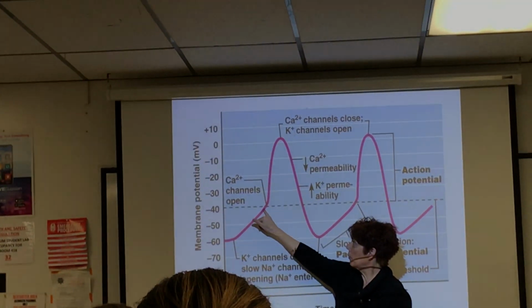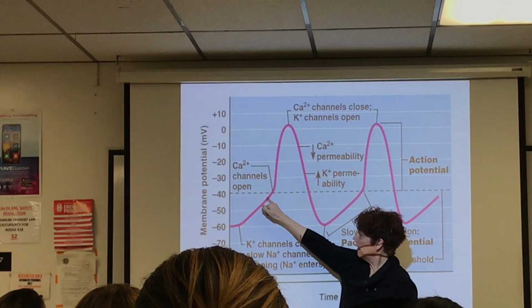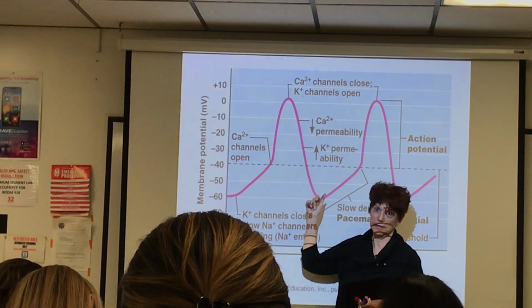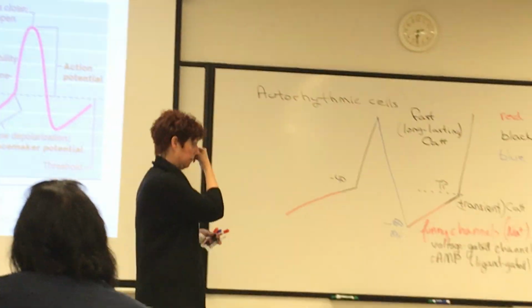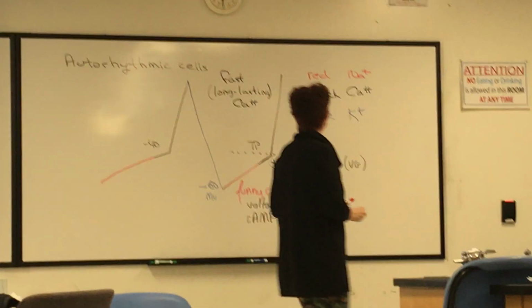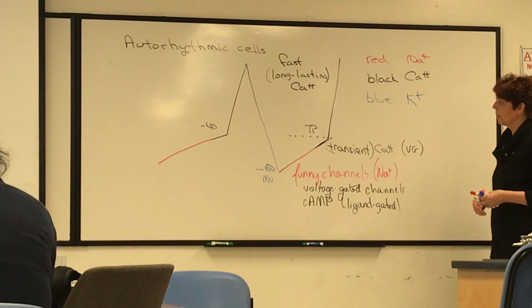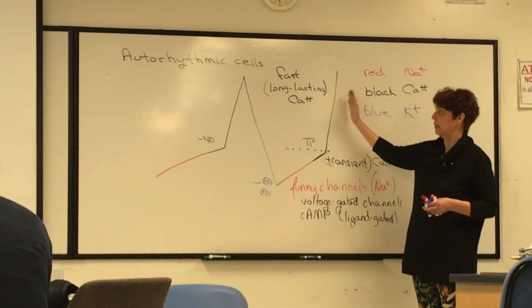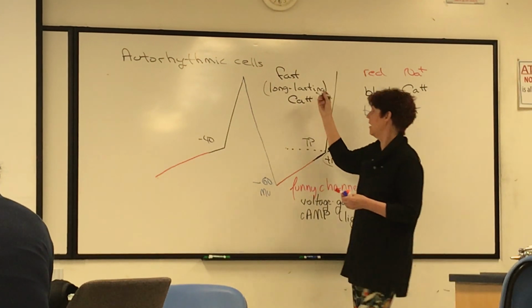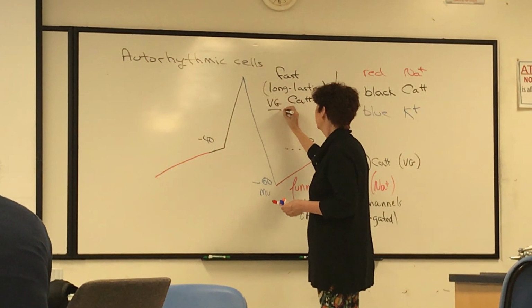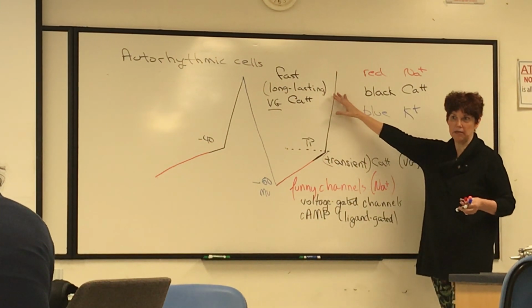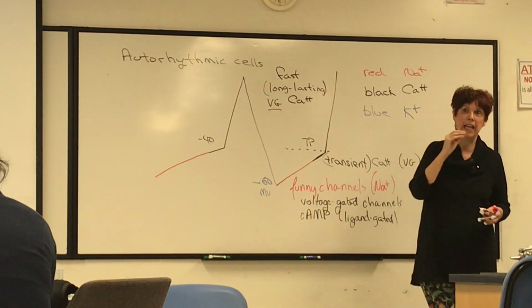So just prior to threshold, like a minus 45 to a minus 50, will be when the transient calcium opens. Okay. And then when we get threshold, the fast, long-lasting, voltage-gated calcium channels open. So we have the transient voltage-gated and we have the fast, long-lasting voltage-gated.